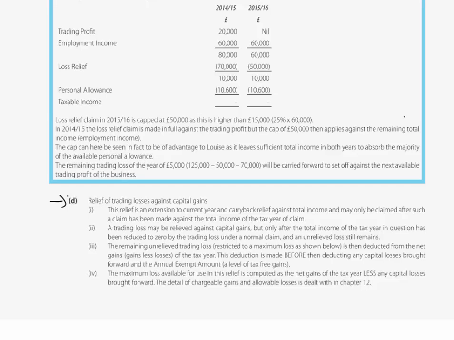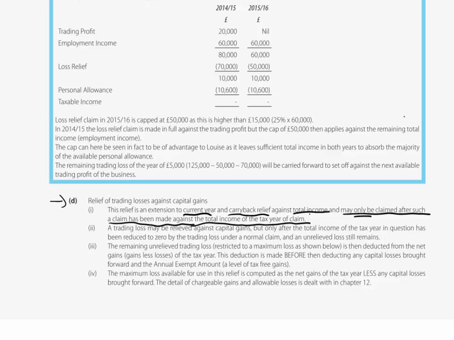This is often known as an extension claim, because it's only available as an extension to either a current year or a carry-back relief claim against total income. And as we said, it may only be claimed after such a claim against total income has been made. So this is not a standalone claim.